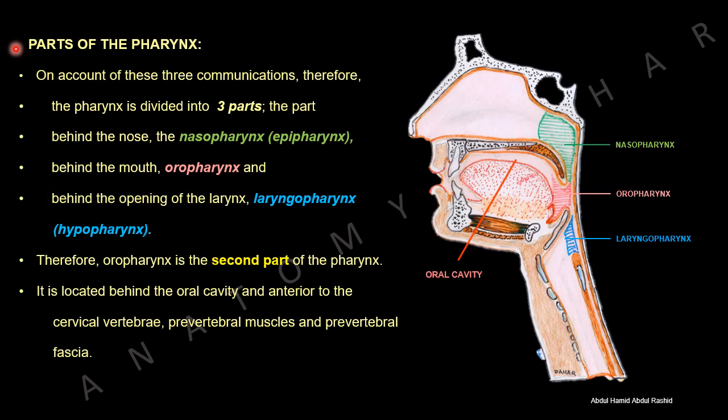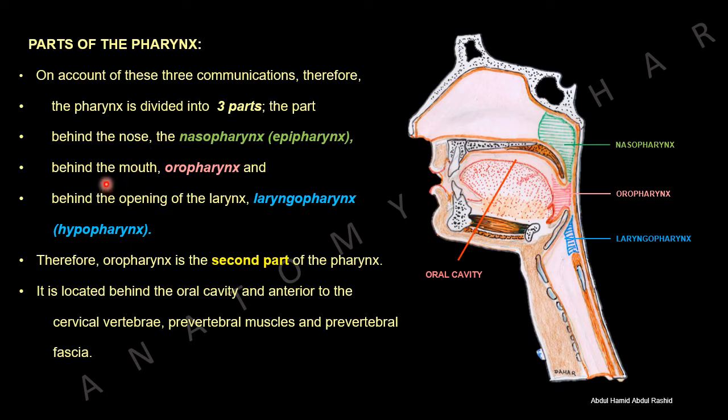Parts of the pharynx. On account of these three communications, the pharynx is divided into three parts. The part behind the nose, the nasopharynx, also called epipharynx.